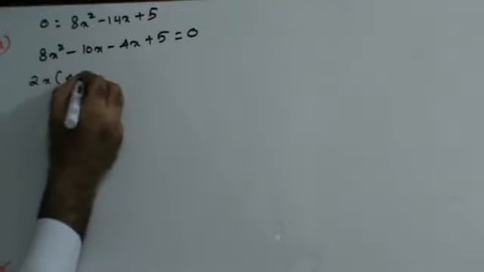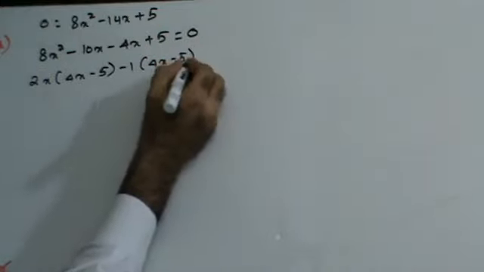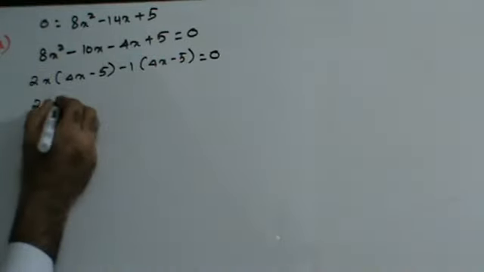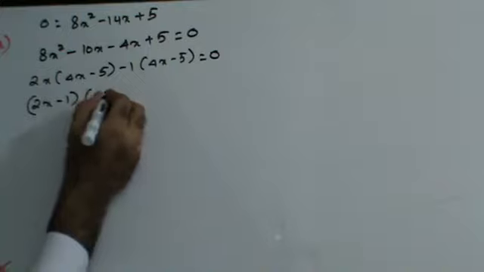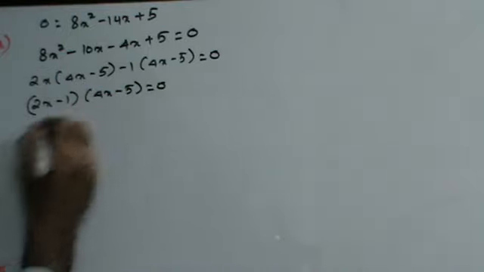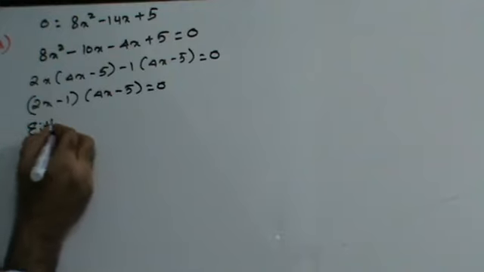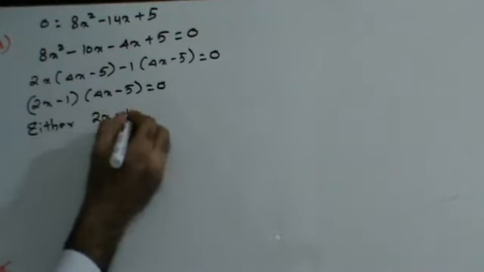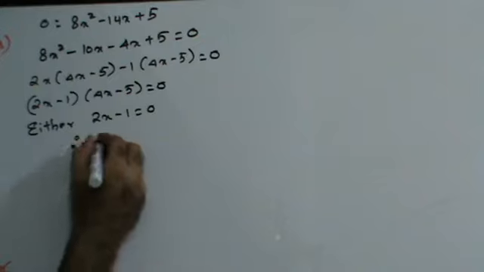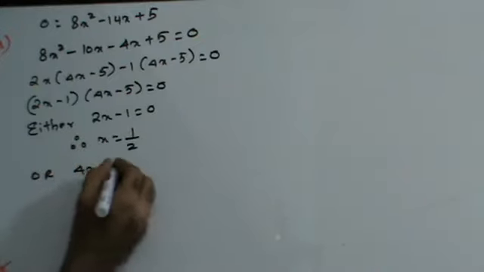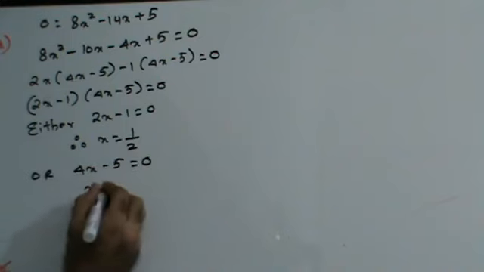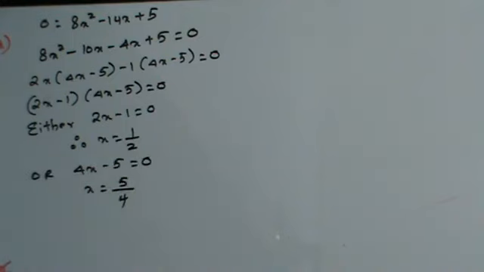So you will get 2x into 4x minus 5, minus 1 into 4x minus 5 is 0. 2x minus 1, 4x minus 5 is 0. So I could say that either 2x minus 1 is 0, therefore x is equal to 1 upon 2, or 4x minus 5 is 0, therefore x is equal to 5 upon 4.